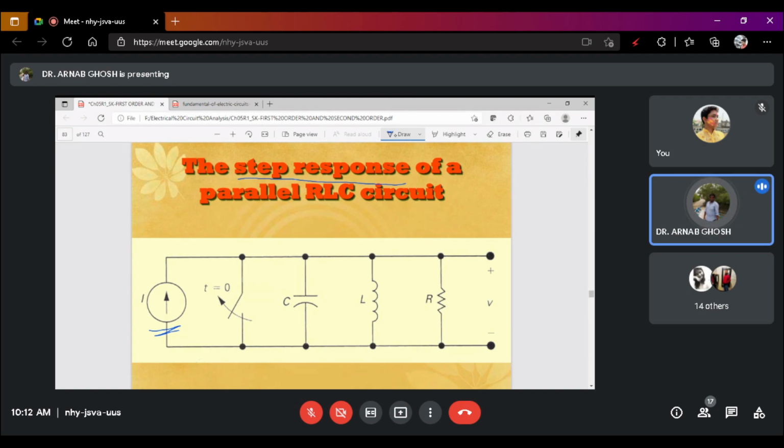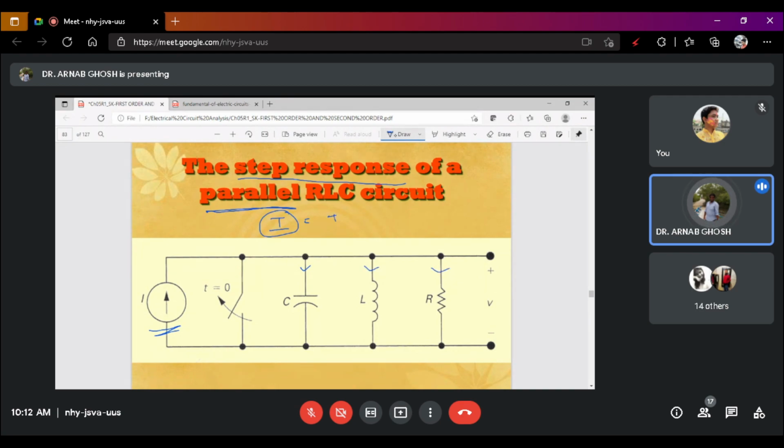So when I am talking about the parallel circuit, you know that the individual currents of each of the branches add up. So basically, why I am taking the current source I, this will be divided into these branches.